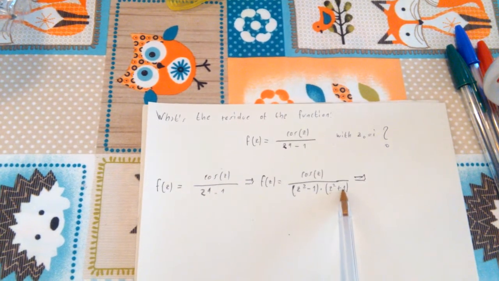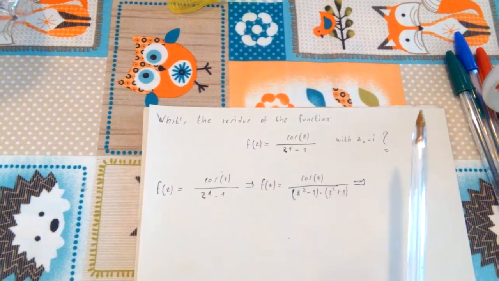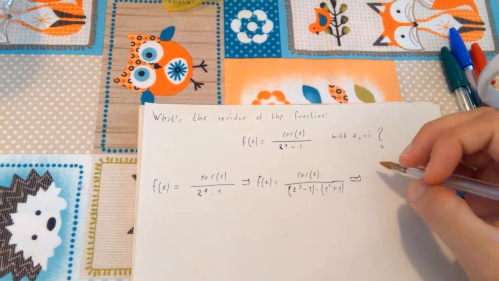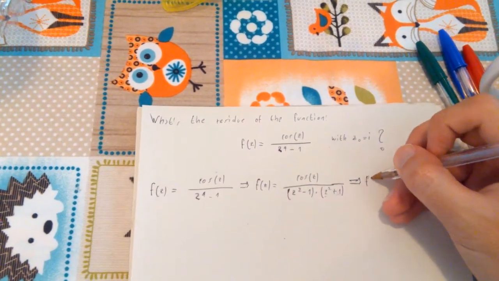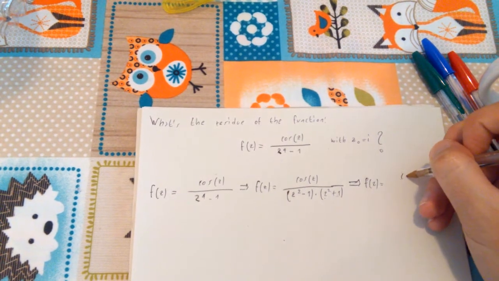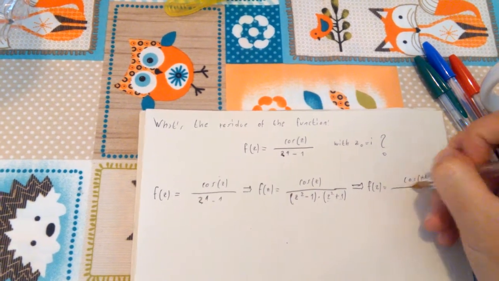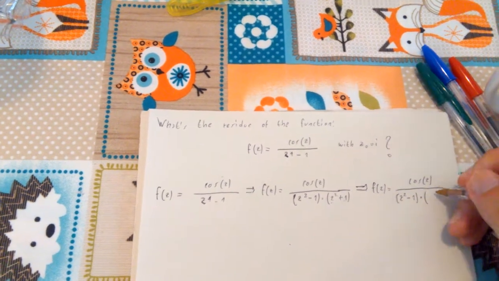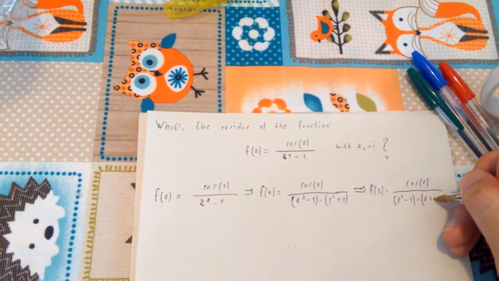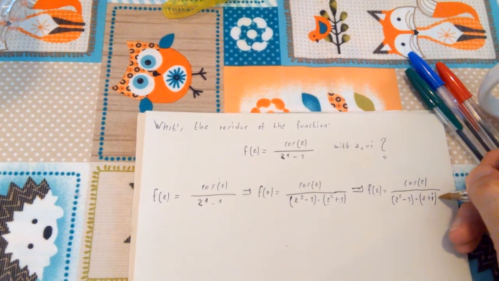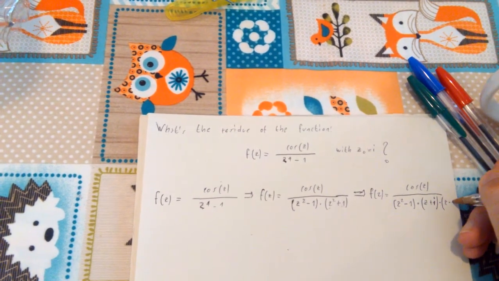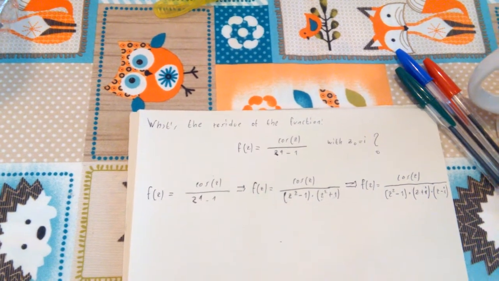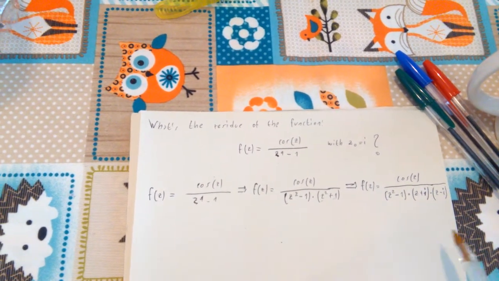And if you remember, you can rewrite this using the property of imaginary numbers as f of z equal to cosine of z over z squared minus 1 times z plus i times z minus i. There we go. Now, where do we go from here?